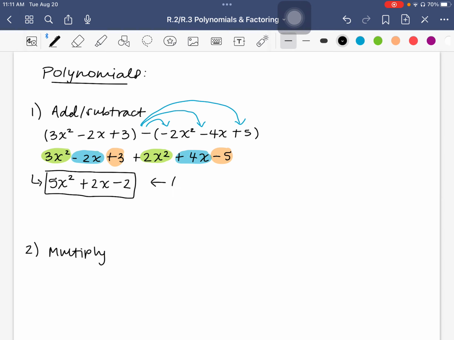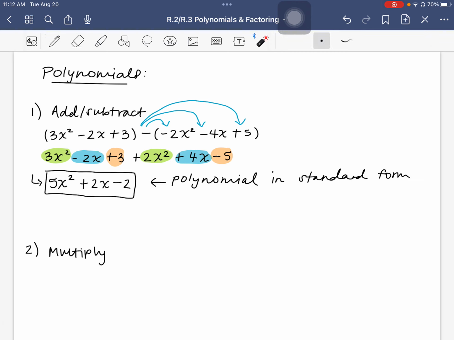And this is also our polynomial in standard form. And we want to write our polynomials like this, essentially in decreasing order according to the powers of our variables. So we start with our 5x squared, then our 2x, because this has only power 1, and then our constant minus 2.